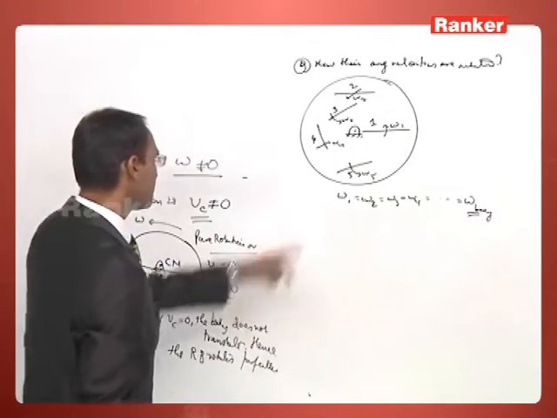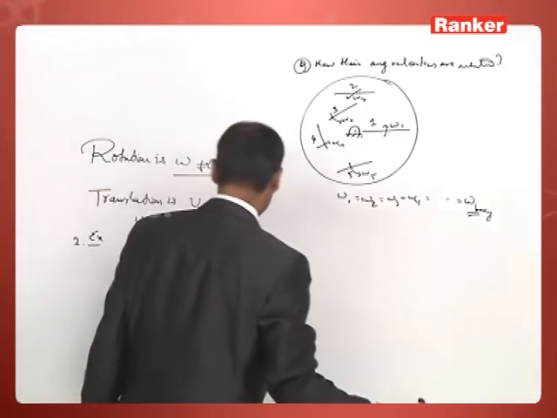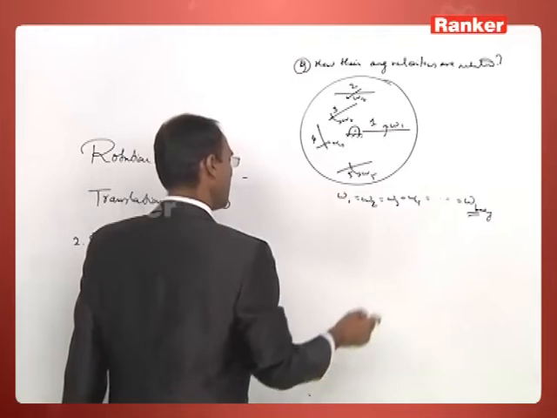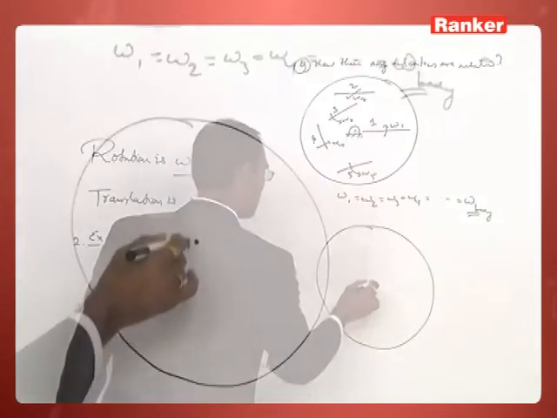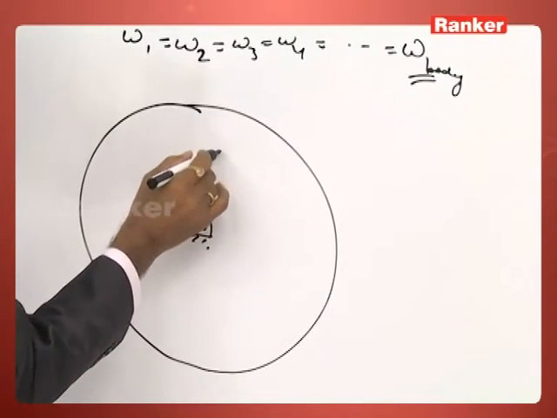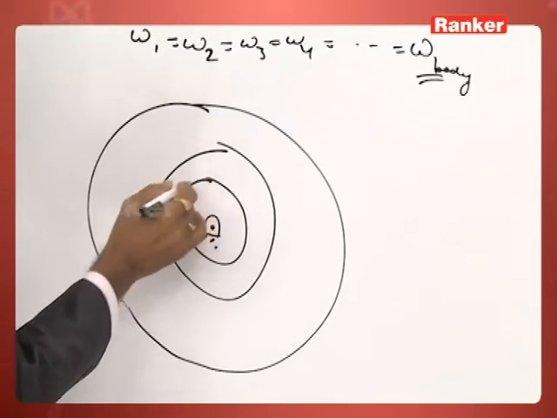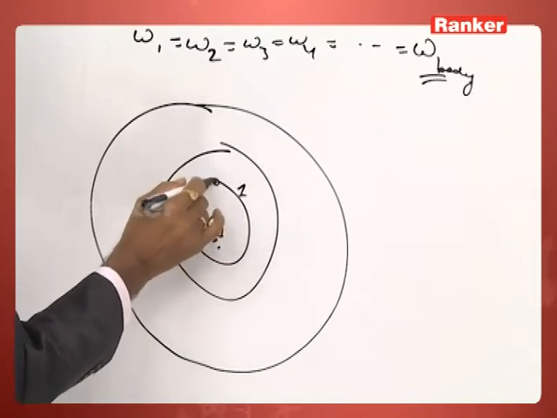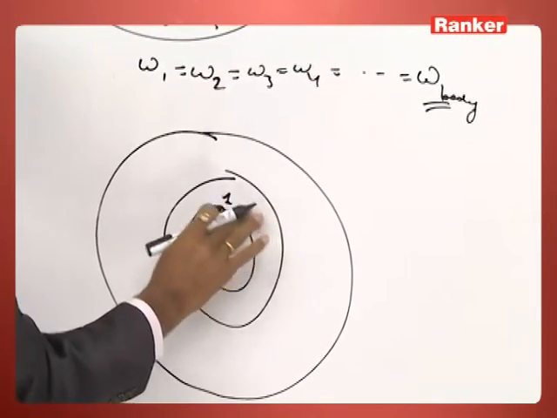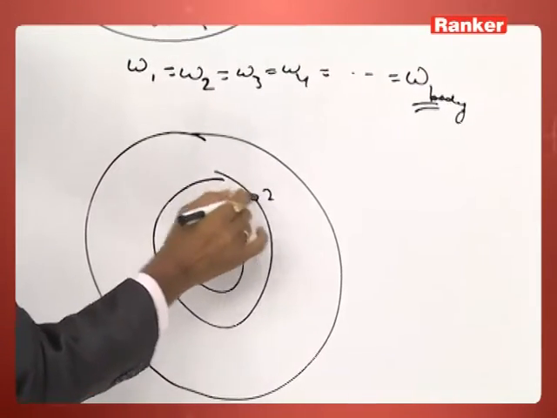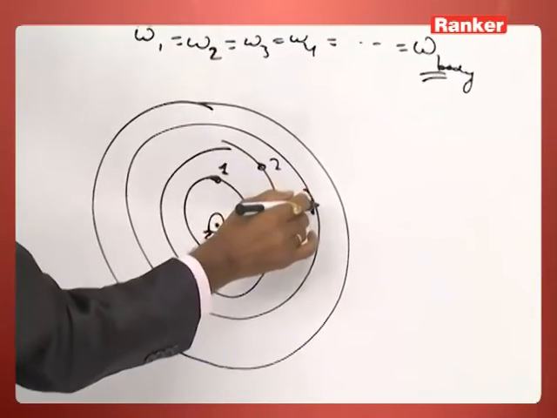Well, this is the fixed axis rotation, a pure rotation so called. In this case, all particles are moving in circular paths. This particle moves in this circle, this particle 1 moves in this circle 1, and here the particle 2 moves in this circle, here the particle 3 moves in this circle.